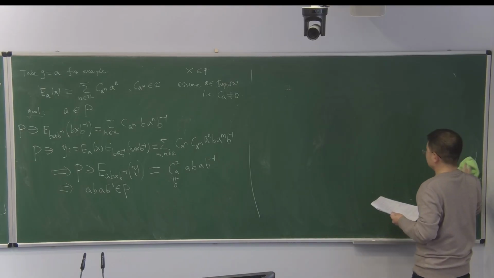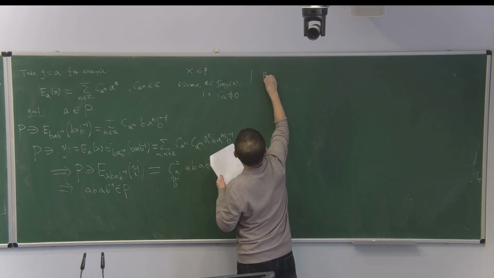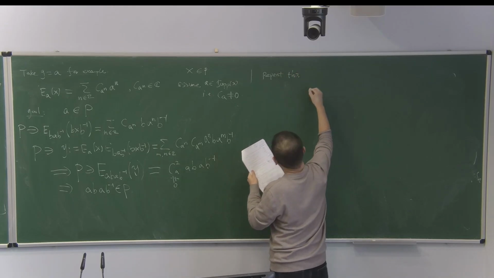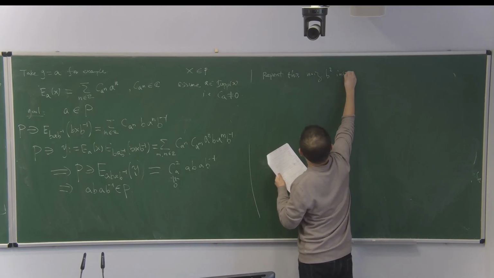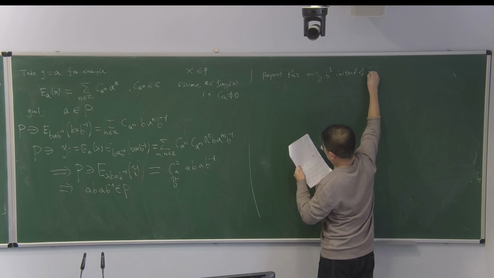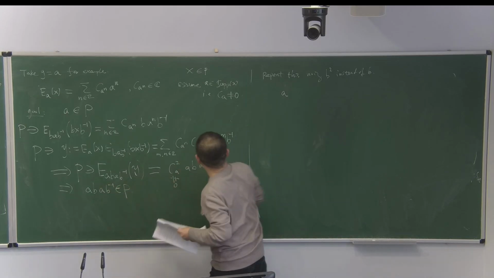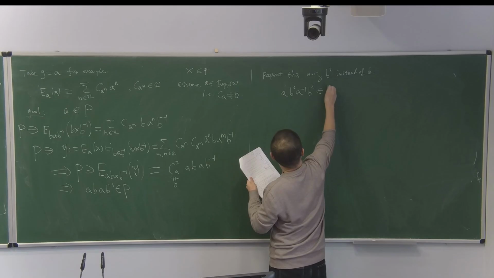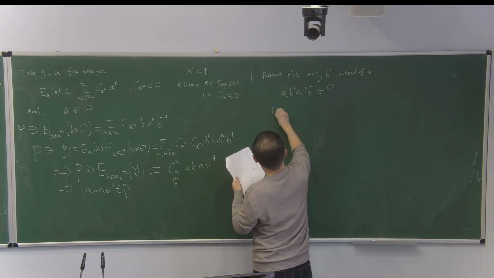And now we want to show A lies in P. So repeat this argument, but using B squared instead of B. You will get a similar conclusion, but B is replaced by B squared.